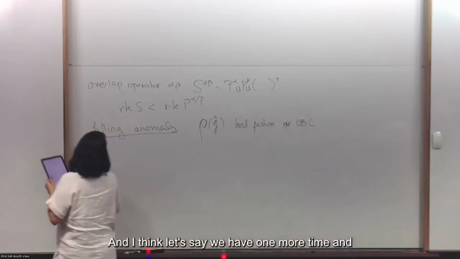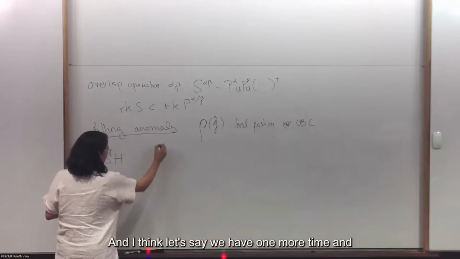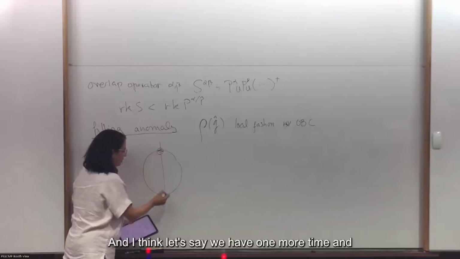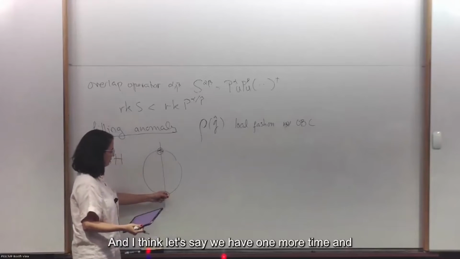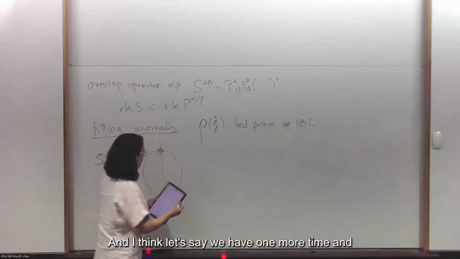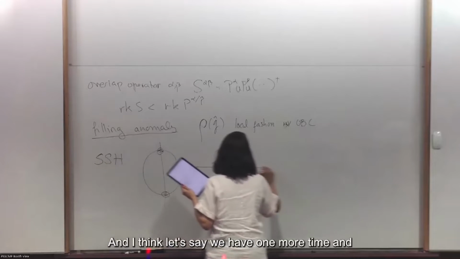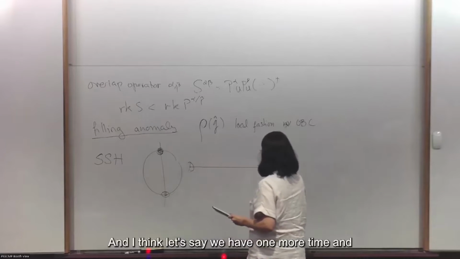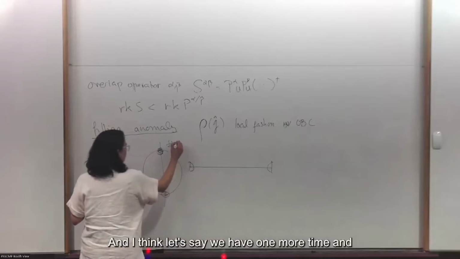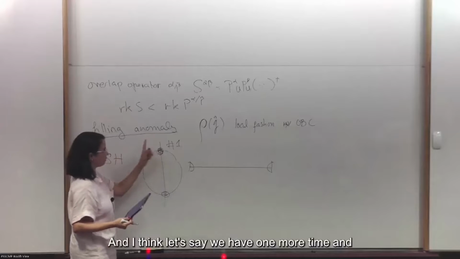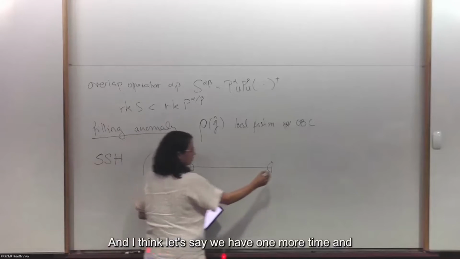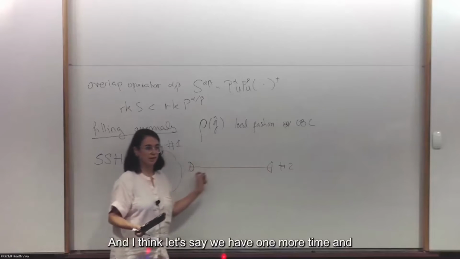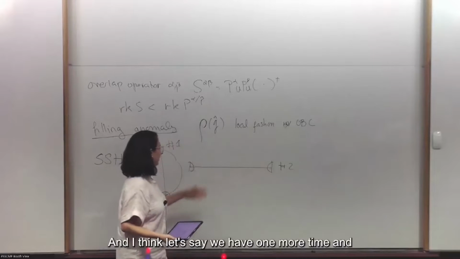So we looked at the SSH chain, which is protected by inversion. If I have a state filled on exactly the invariant line, and I open that chain to have open boundaries, I will have to split one of the positions into two sites. So the multiplicity of this site, which was 1, so inversion symmetry would take it to itself, becomes 2. If I have that site filled, I will need to somehow spread my electron through these two parts, and I cannot do it.